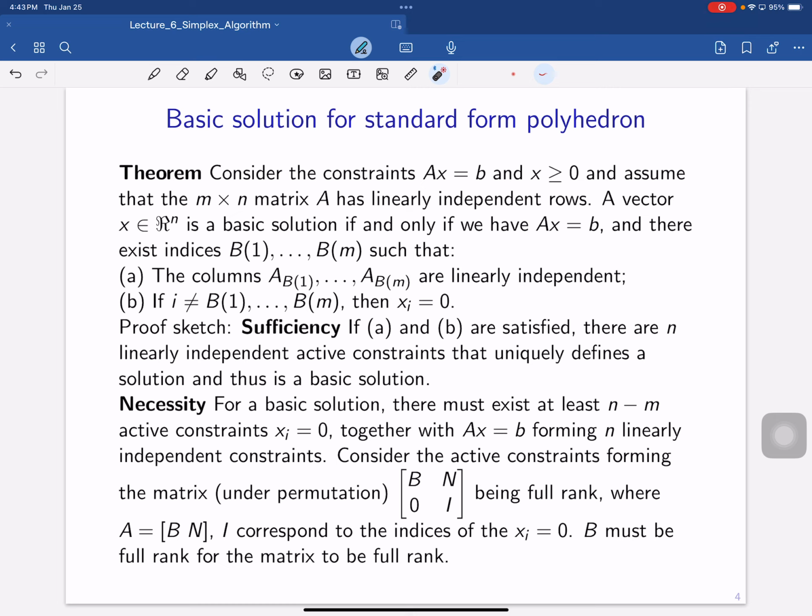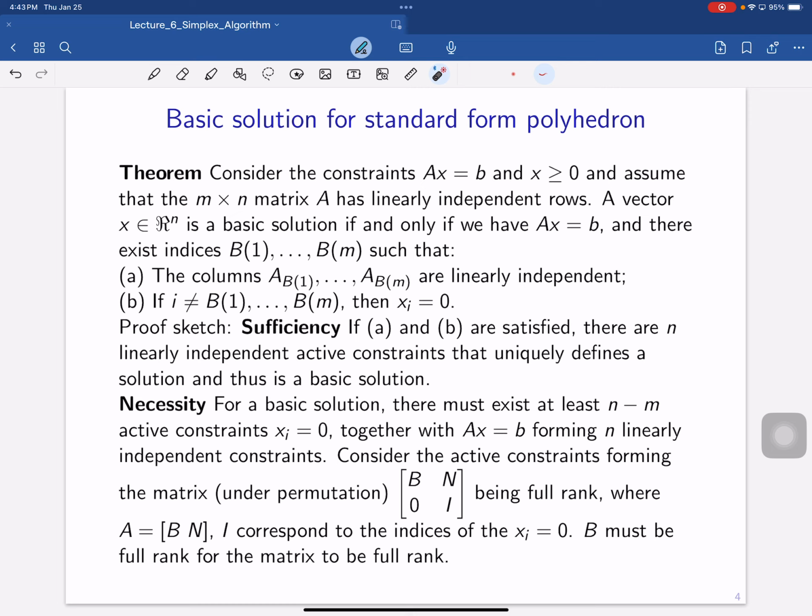And then because those columns are linearly independent, you already have another n minus m constraints, then that is a basic feasible solution. And then for a basic feasible solution, there must exist at least n minus m active constraints. Together with Ax equal to b, they form n linearly independent constraints.